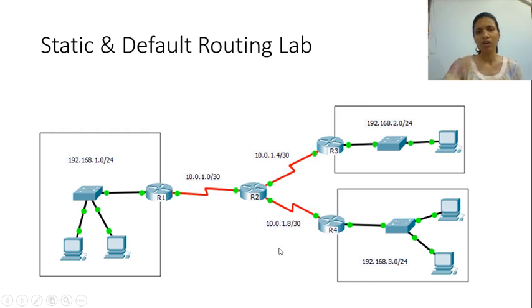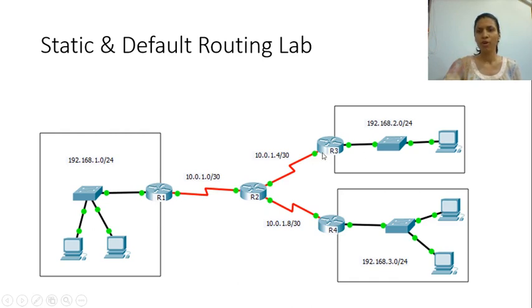And hence, I can configure default route on R1, R3 as well as R4. R2 has got 3 connections, and hence I cannot use default route on R2. On R2, I can configure only static routing. For configurations in Packet Tracer, I am going to configure static routing on R3, R2 as well as R4, and I will configure default routing only on R1.